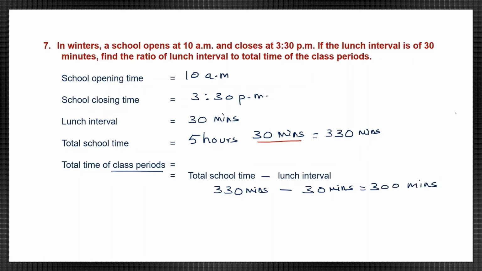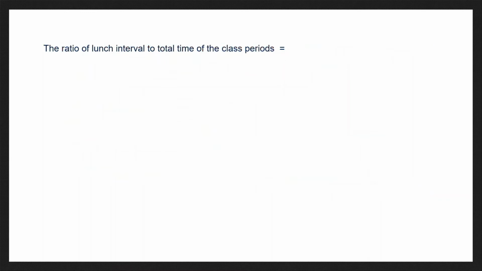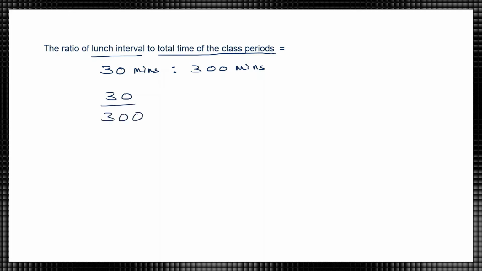So now we need to find the ratio of the lunch interval to the total time of class periods. So lunch interval is 30 minutes and the total time of class periods we just found is 300 minutes. So now let's start with a fraction, which is the first step, 30 by 300. Let's simplify this.